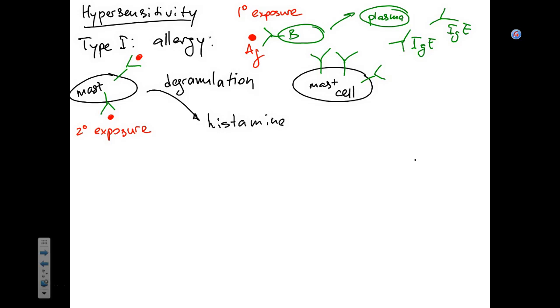What else can you do? Can you stop the inflammation? Corticosteroids, just take prednisone. I'm not saying that it's a great idea to do it every time you have an allergy, but it's definitely on the table. There's another option.